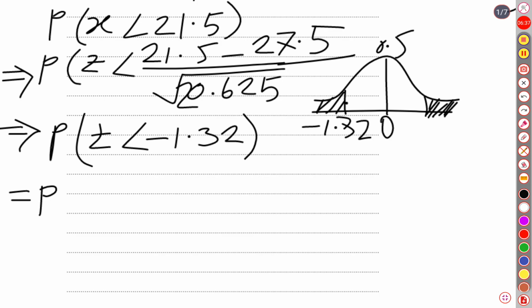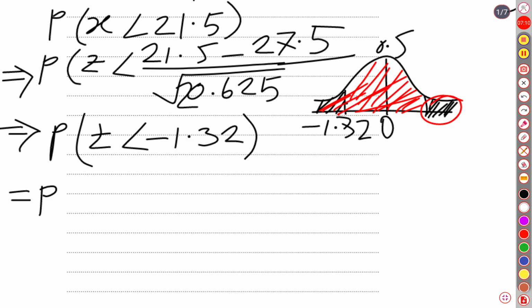So how can we find this probability from the whole probability? You know, the whole probability is actually 1. From 1, if we subtract this portion, then we will get only the right side portion, because in our normal distribution table the value always lies above 0.5.